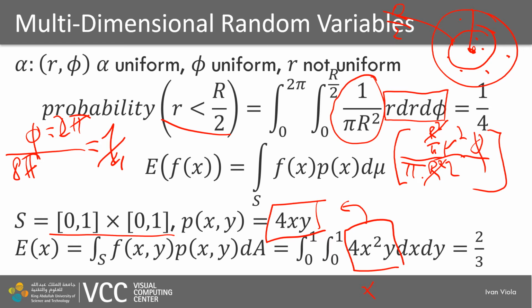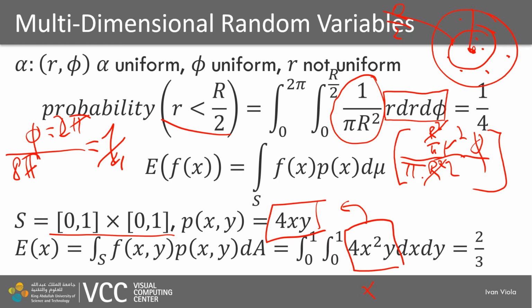Based on this probability density function, we are interested in what the average x coordinate will be. What will be the expected x coordinate if we pick random points within this unit square? What will the coordinate x be on average?